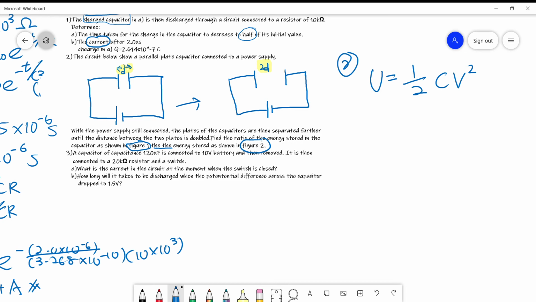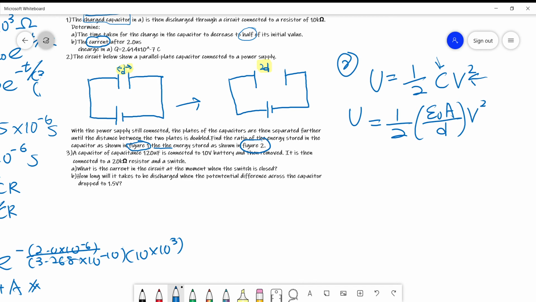What we need to determine is which one we should derive: either C, the capacitance, or the potential difference across the capacitor. In this case, we are going to derive the capacitance, which is epsilon naught A over D, while the potential difference we keep as it is.